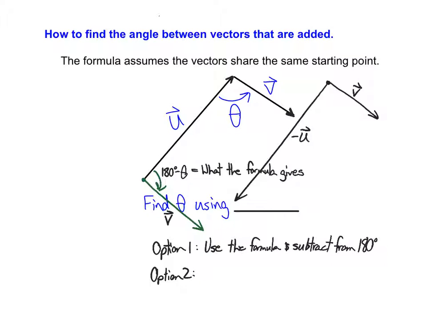Will making it negative u change the angle? No, it's just going the opposite direction, which is 180 degrees. So then the angle I'm looking for would be the correct angle that the formula gives. So use, in this case, a negative u in the formula.